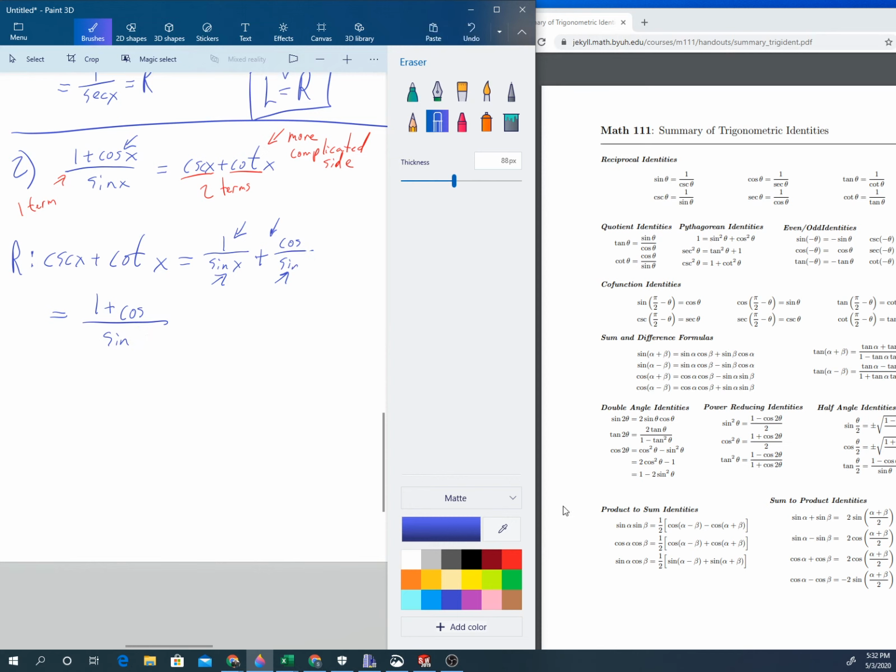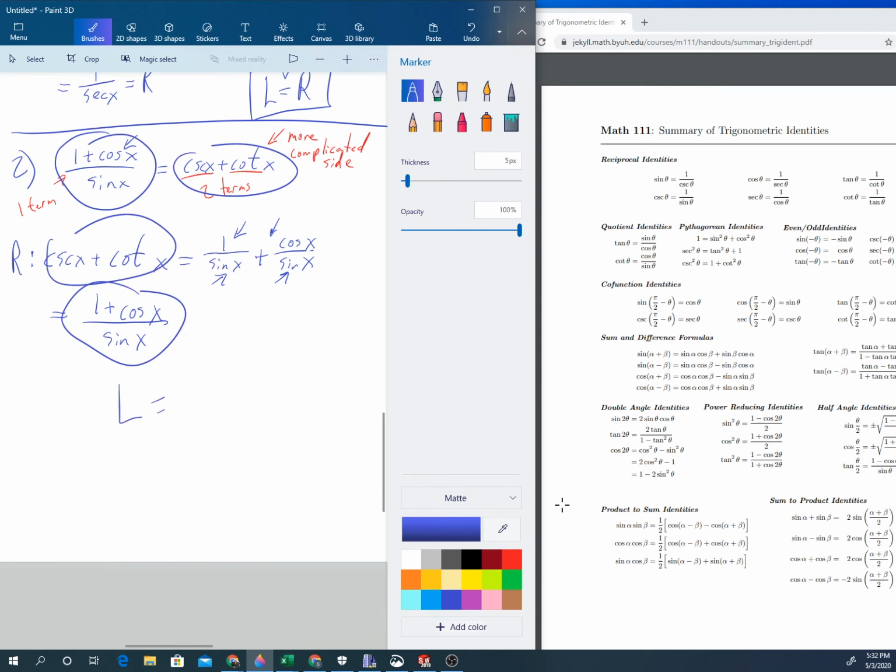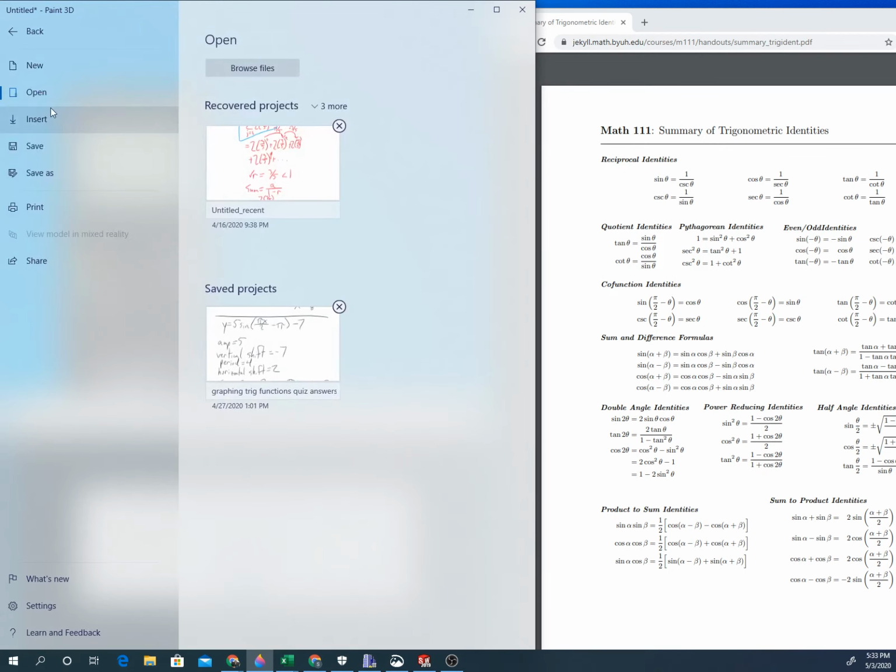It is an innocent mistake on my part, but because we use them as two different variables, you do want to be consistent about your variables as you go through the problem. But I can see here that I got the left side to equal the right side, so my identity was verified. Okay, let's do another one.